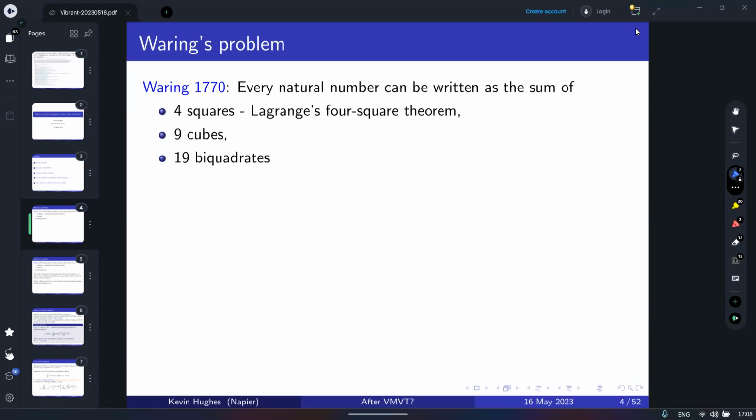For instance, 2 would be 1 squared plus 1 squared plus 0 squared plus 0 squared. So that's what I mean by at most 4 squares. Or you can write every natural number as the sum of 9 cubes, the sum of 19 biquadrats, which is the old term for 4th powers, and so on.